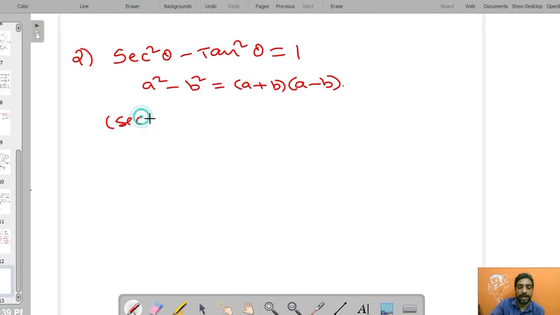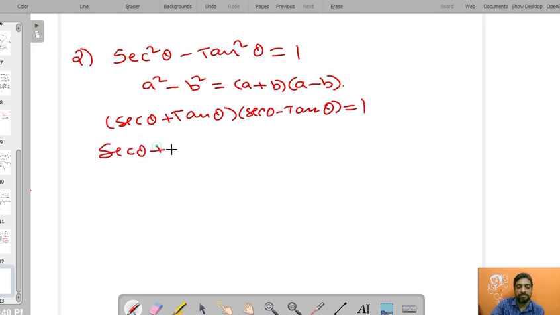Secant theta plus tan theta into secant theta minus tan theta is equal to 1. Now send secant theta minus tan theta to the right hand side. Then secant theta plus tan theta is equal to 1 by secant theta minus tan theta.